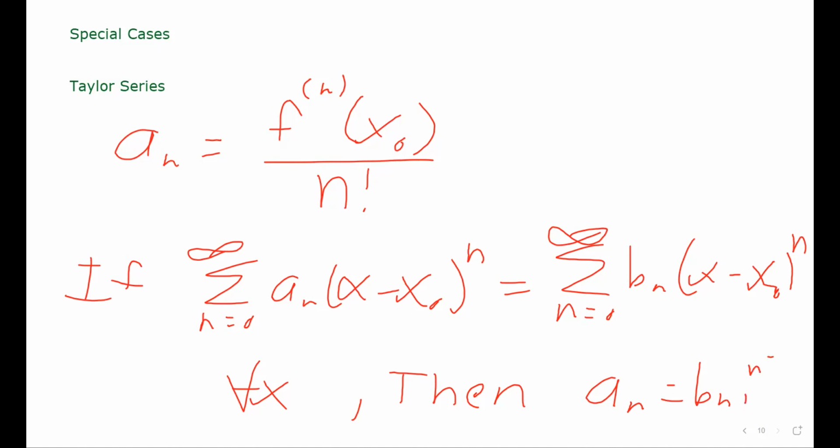That's for our n's equaling 0, 1, 2, and so on. That's if they're equal for every x value.